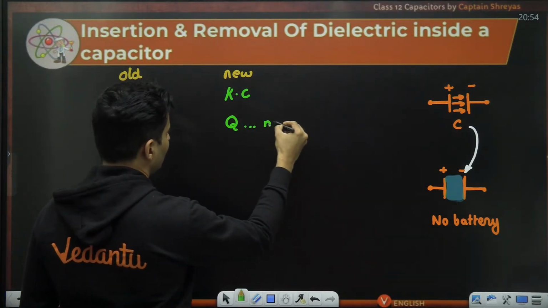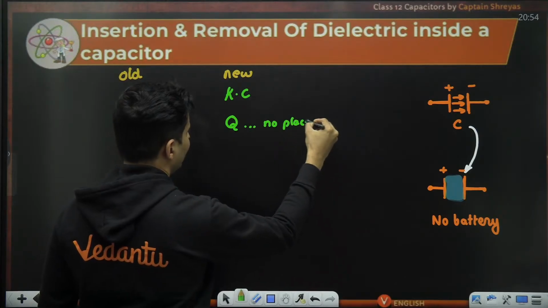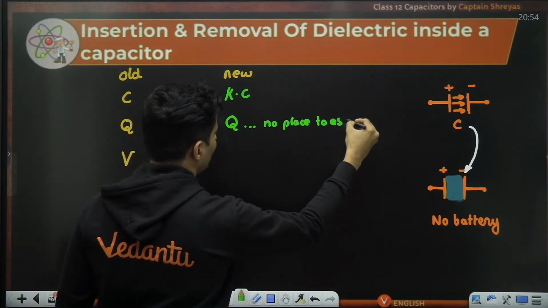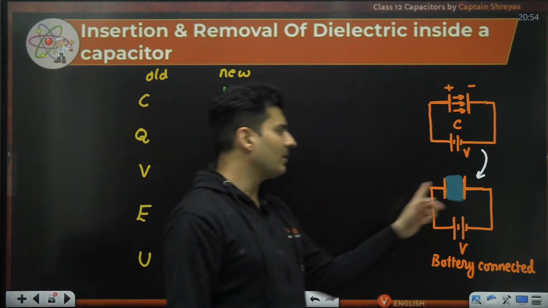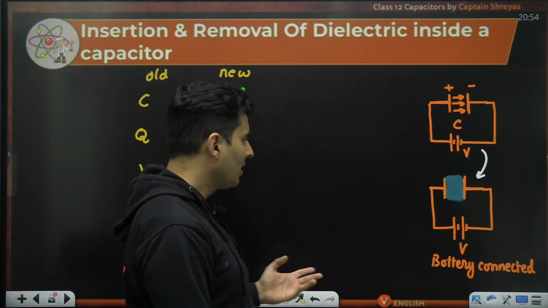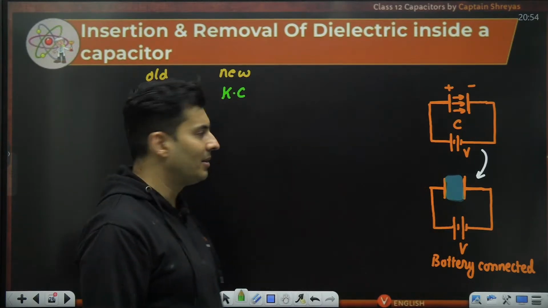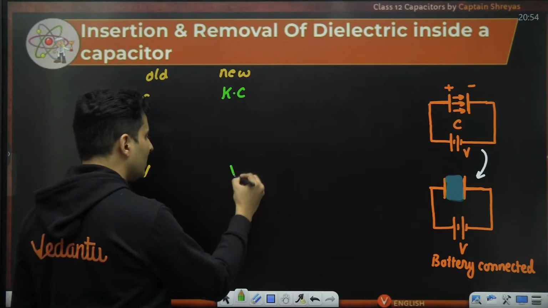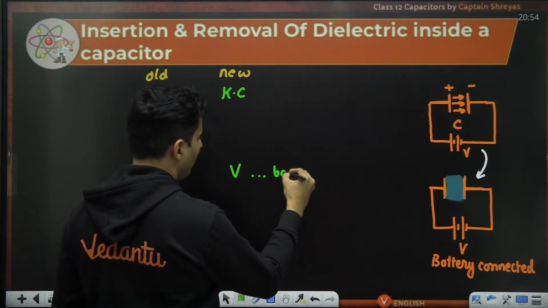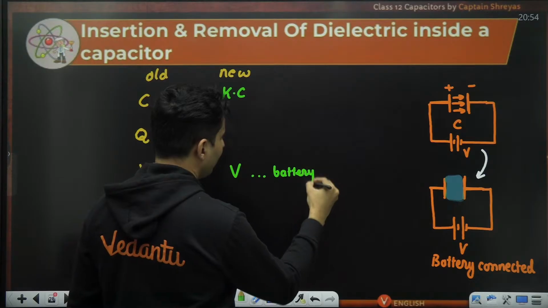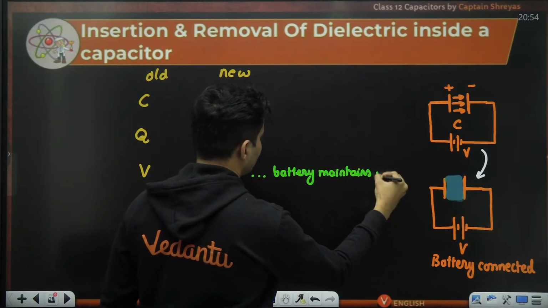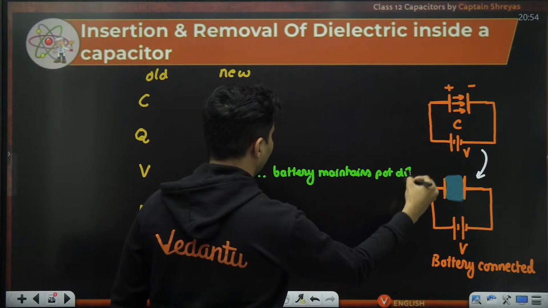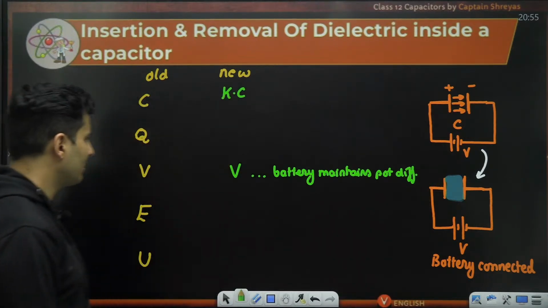But when the battery is connected, the battery can supply the charge and move it around, but the battery maintains the voltage. So it is the voltage which remains the same. The battery maintains the potential difference across the capacitance.